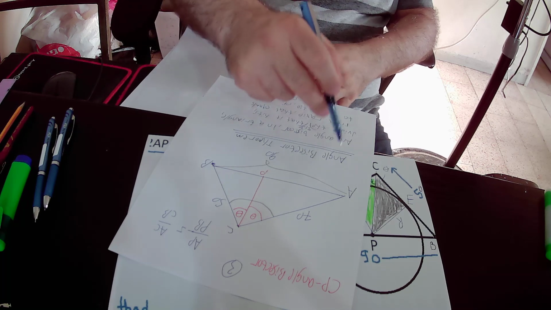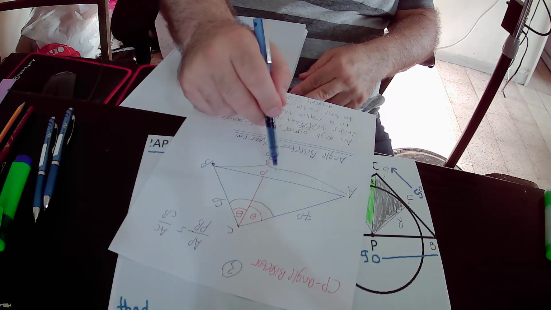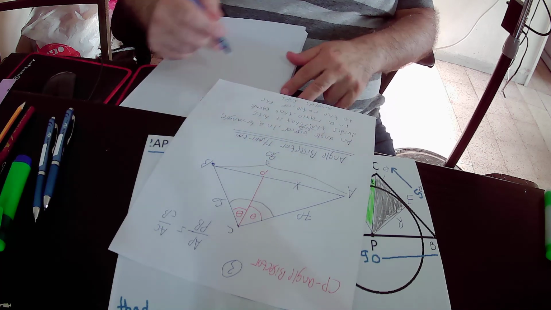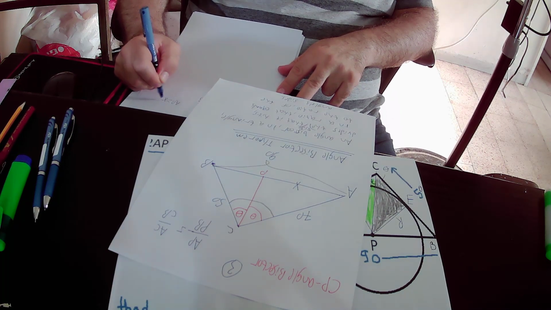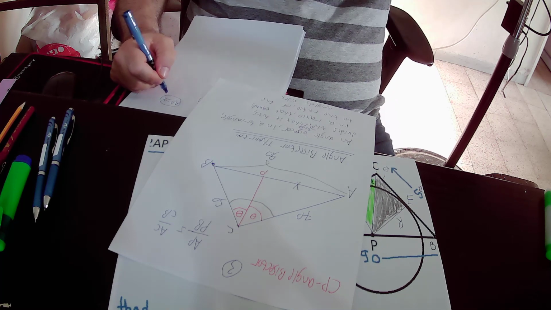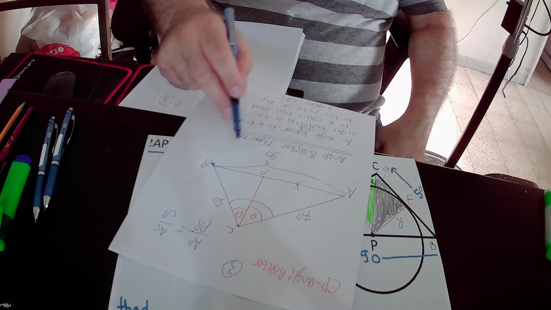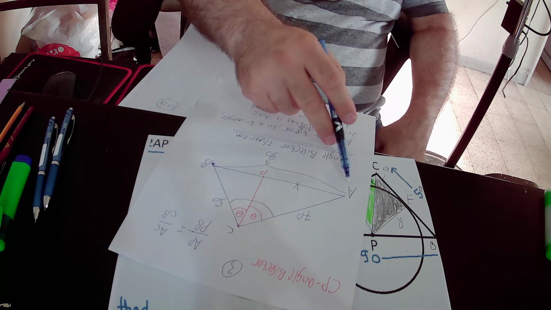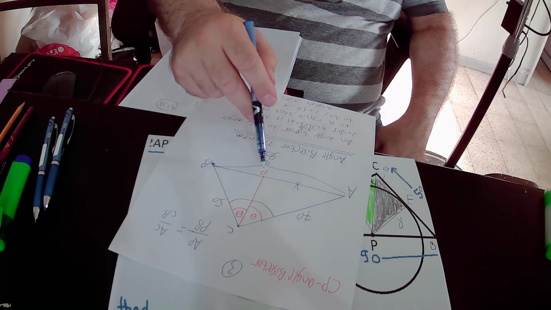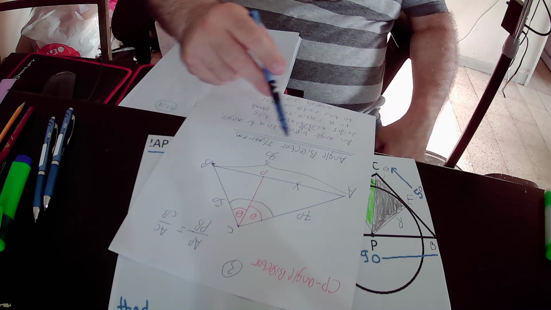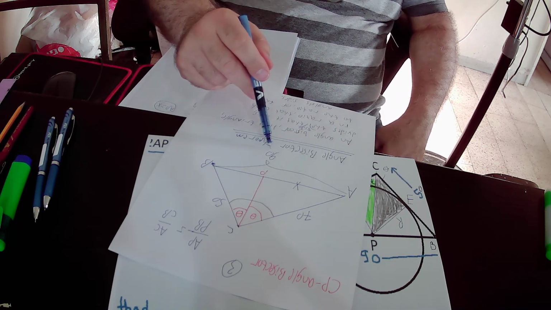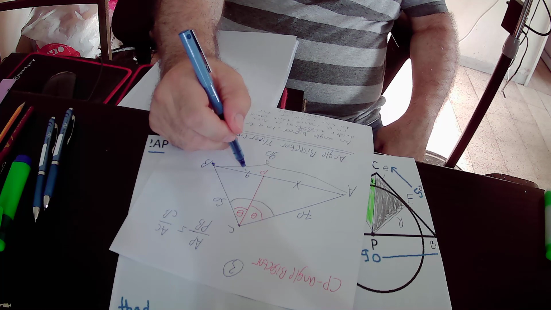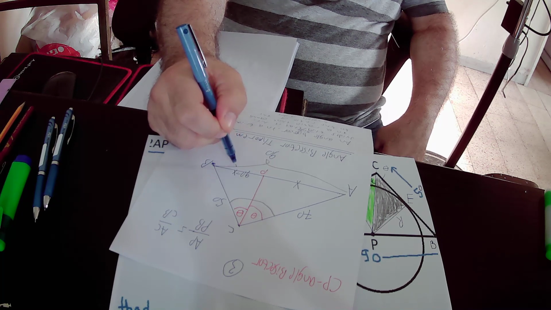Now we'll define AP as X. AP equals X. So PB will be equal to AB minus AP.